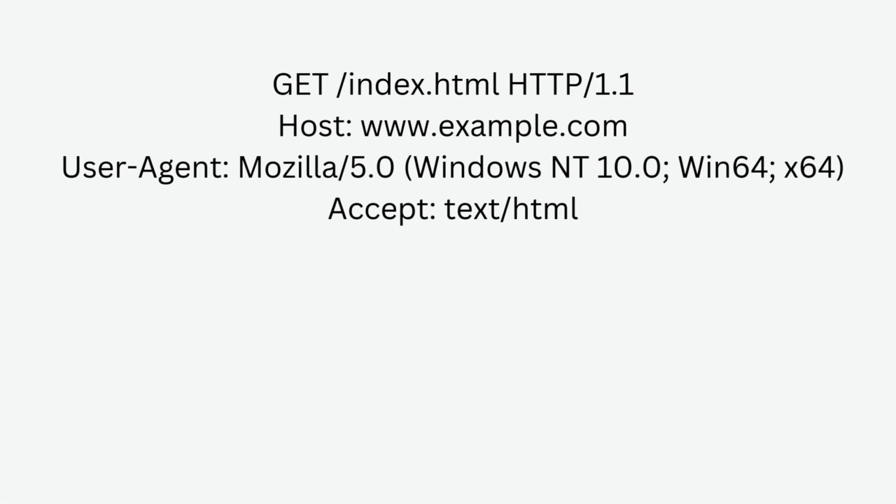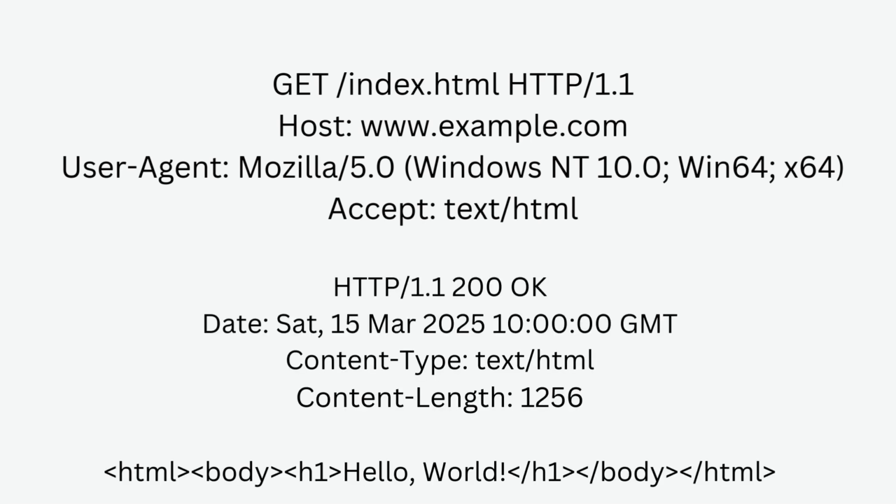Then come headers, like Host and User-Agent, which give the server extra context. Next is the response. The first line includes the status code. 200 means success. Headers like Content-Type tell the browser what's coming, and the body contains the actual data.